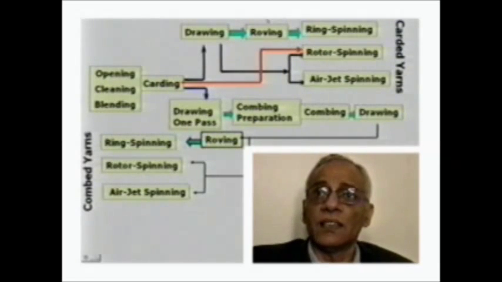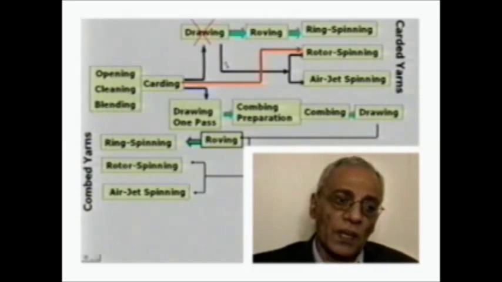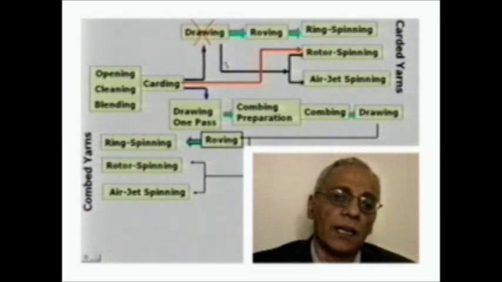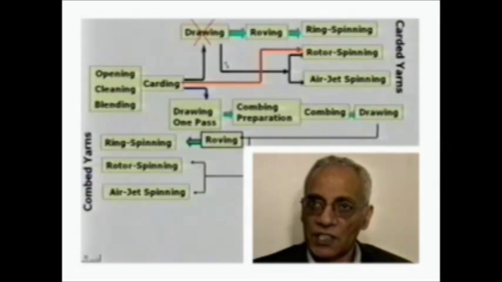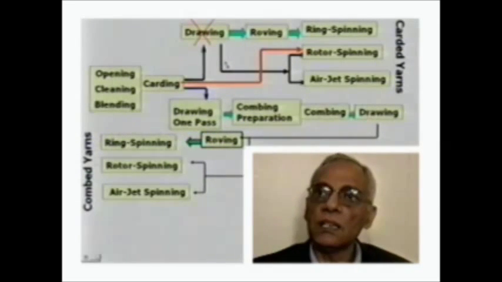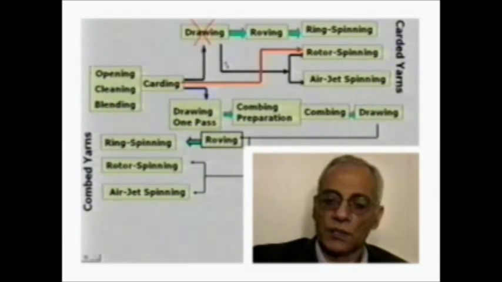So that involves the elimination of drawing as well. So one can see here that rotor spinning can indeed result in some economical benefits and the cost reduction associated with that. These are key issues of rotor spinning to begin our discussion.